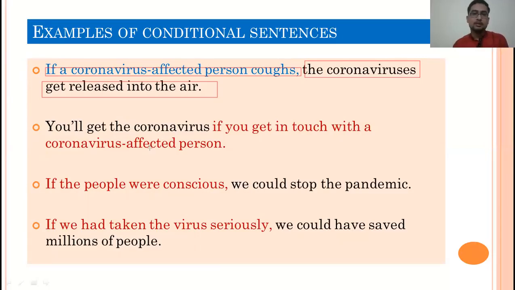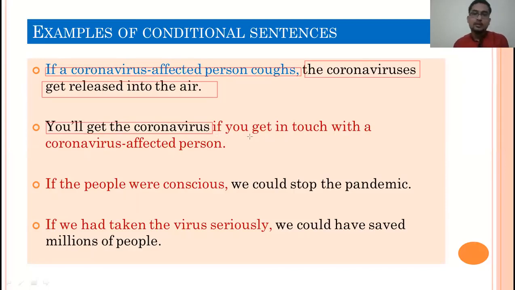In the second sentence, you see the main clause is at the very beginning, and the if clause is at the ending part of the sentence. So this sentence can be arranged, as I told earlier, in two ways. Here the main clause comes at the beginning, and the subordinate clause or if clause is at the ending part.